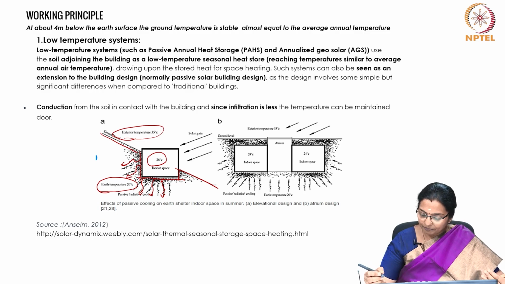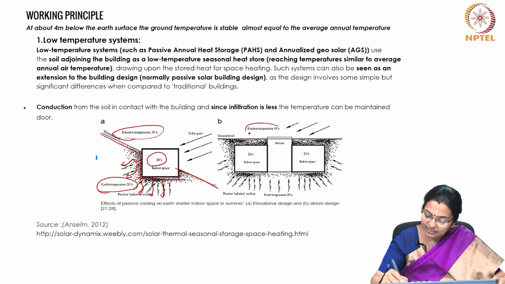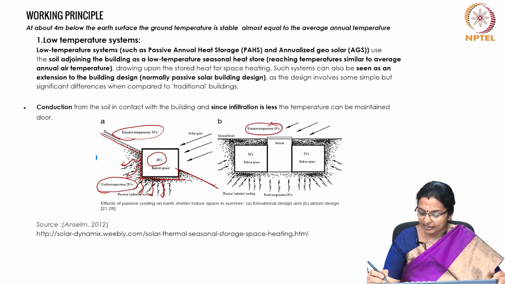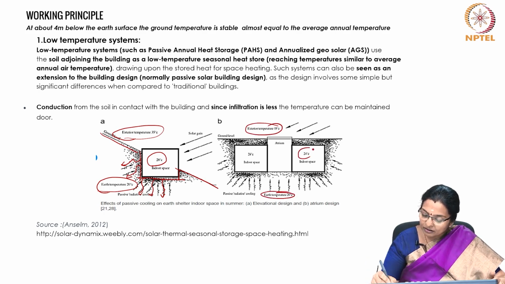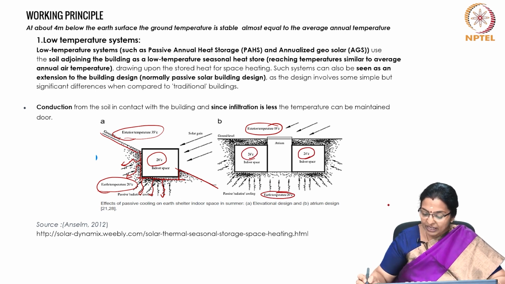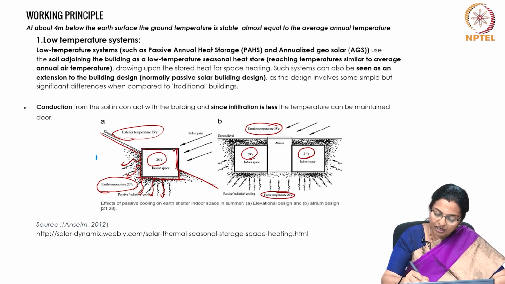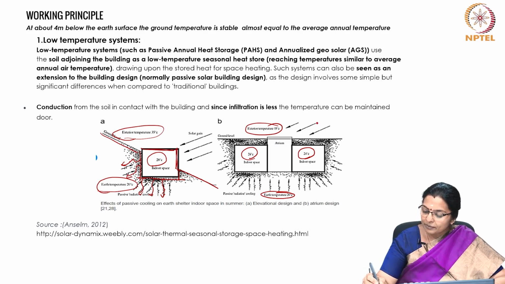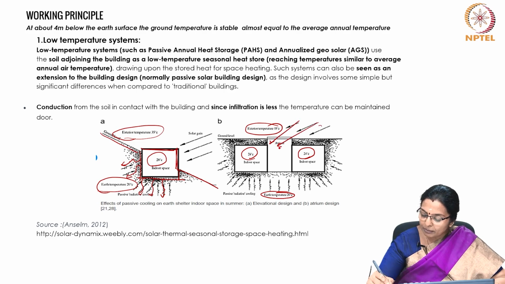If you look at the completely submerged atrium design, kind of an earth shelter, you can see that if the exterior temperature is 35 degrees centigrade and the earth temperature is 20 degrees centigrade, the internal temperature can be maintained at 24 degrees centigrade as compared to the elevational house, because the prospects of outdoor solar radiation get minimized because it's an atrium concept.